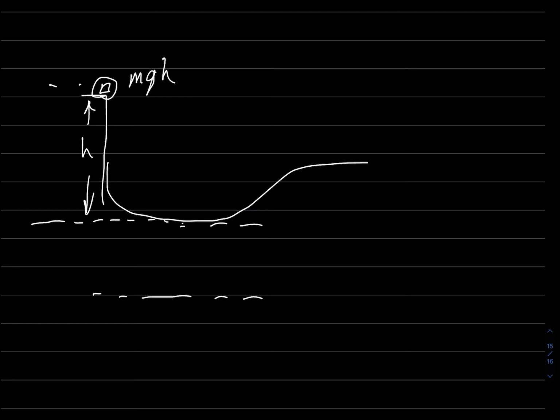Well, in fact, we can. When we're looking at potential energy, we're only looking at the difference between the potential energy here and the potential energy here. And if we want to know how fast the block is moving here, we only want to know the difference between the potential energy here and the potential energy here.